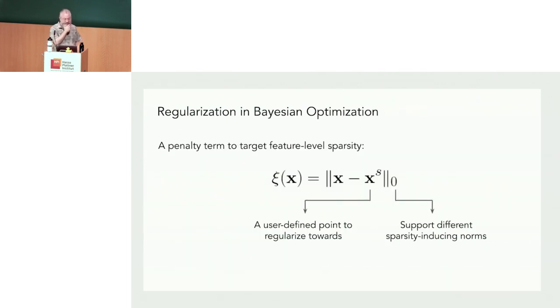In this particular case, I'll be talking about targeting feature level sparsity. So some L0 penalty where we want to modify the minimum number of parameters in order to achieve a good outcome.